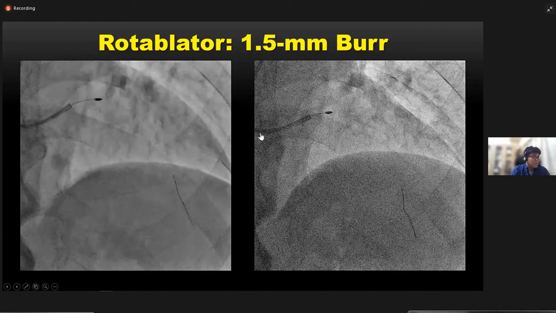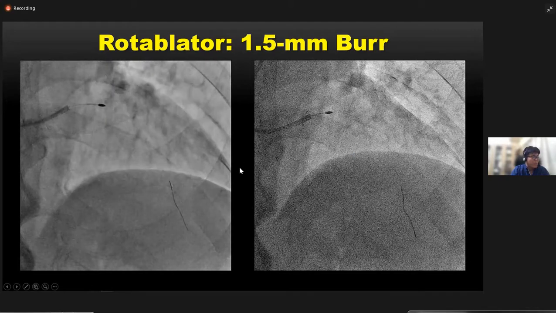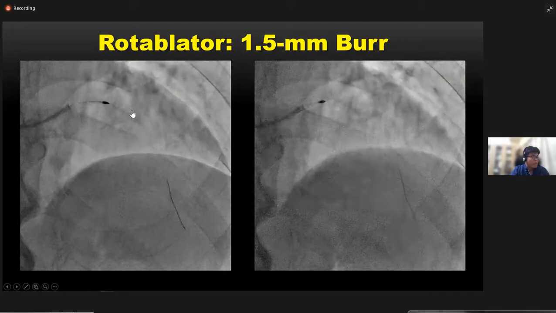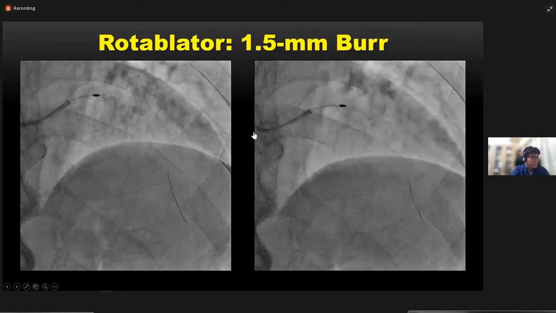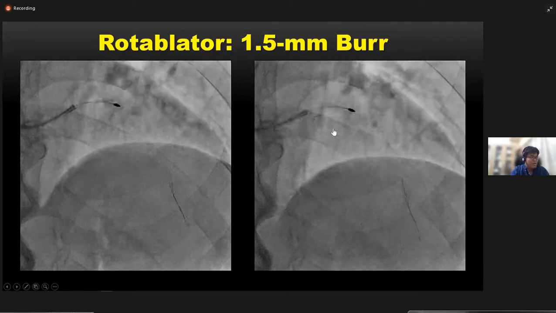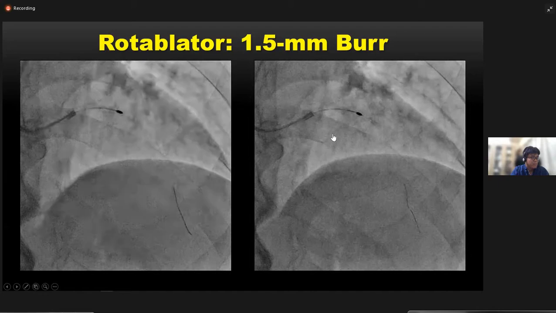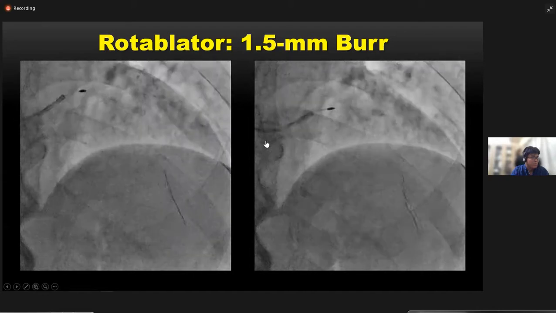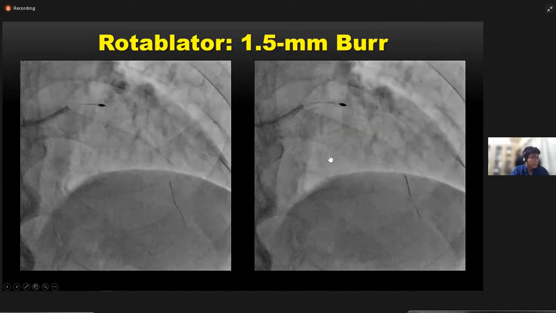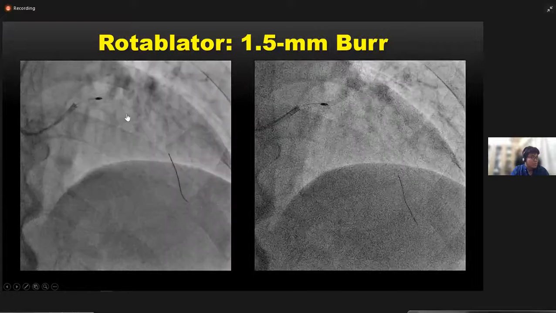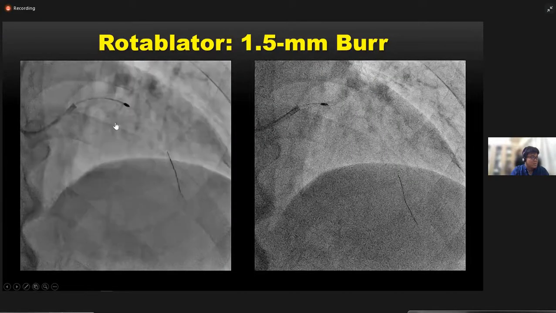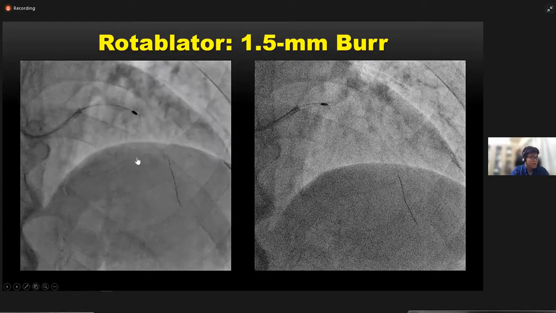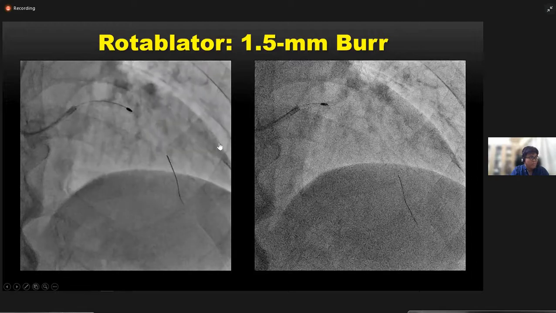So this is the rotablator. We perform with the 1.5 millimeter burr. Of course, we gently manipulate the rotablator, and we stop the burr at the septal branch, as initially planned.